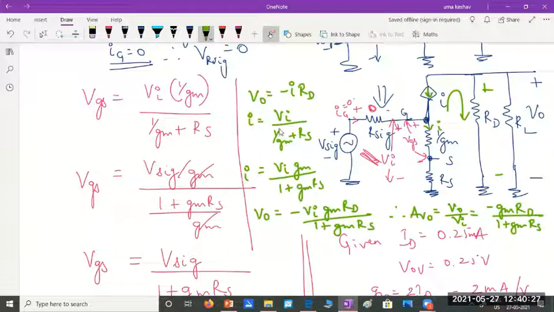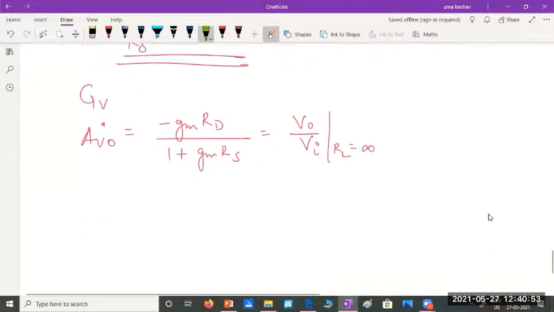But why I'm showing you again is it will be a revision and the fact that you need not remember the equation. Even if you don't remember, on the spot in 2 steps, you can get the final answer. So the open circuit voltage gain is the voltage gain when RL is removed. And it is given as minus GMRD by 1 plus GMRS in a common source amplifier which has a source resistance. Can you substitute and tell me how much will you get?